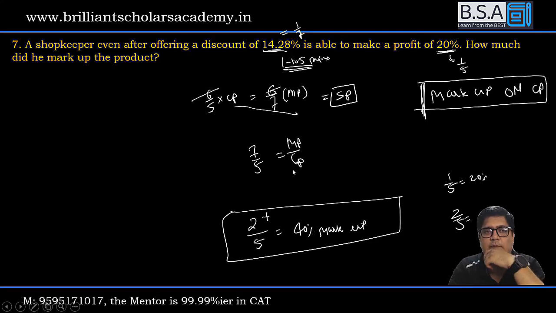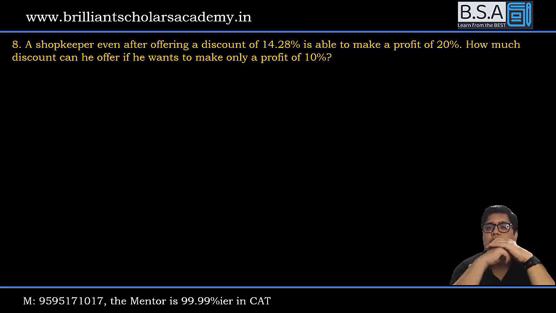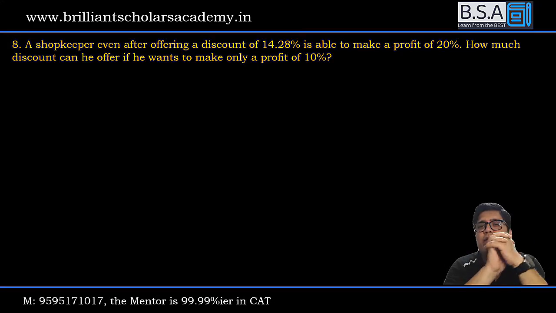Let us try more. Try this. Shopkeeper, even after offering a discount of 14.28%, is able to make a profit of 20%.